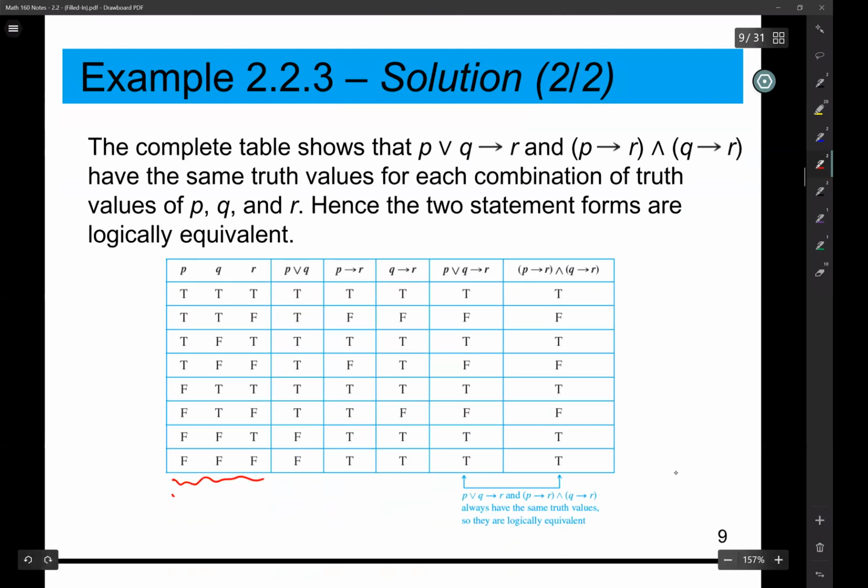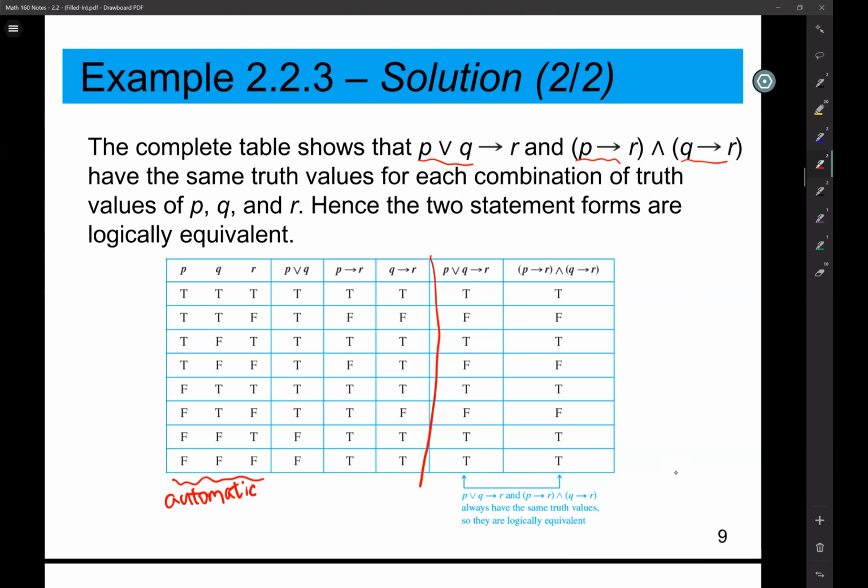This is automatic because P, Q, and R are the 3 things, so we need 8 of them. But the idea is the same. You build up all the different parts, the P or Q part, and then you also build up this and this, which are going right here, and then you have the conditional.